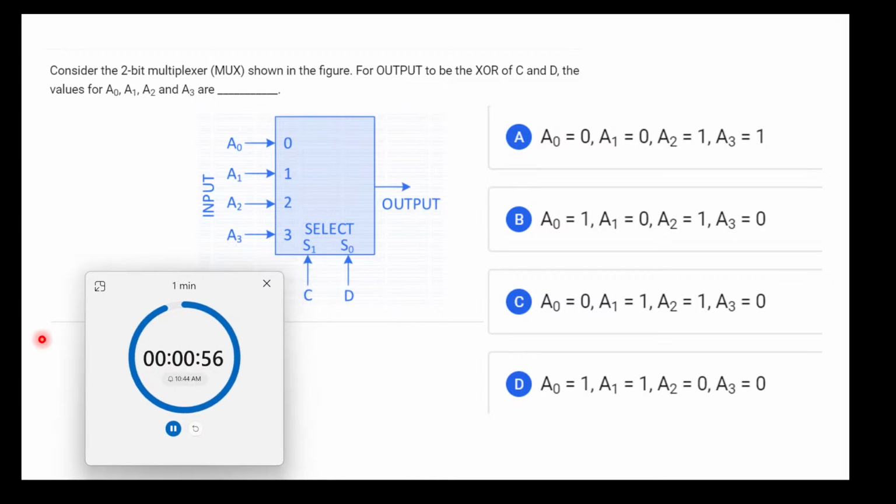Try solving this question on your own, and we will see together how to solve it. Do comment the answers in the chat box in the comment section.